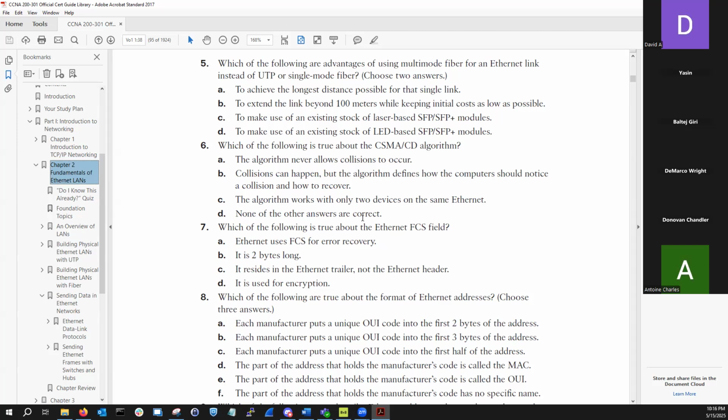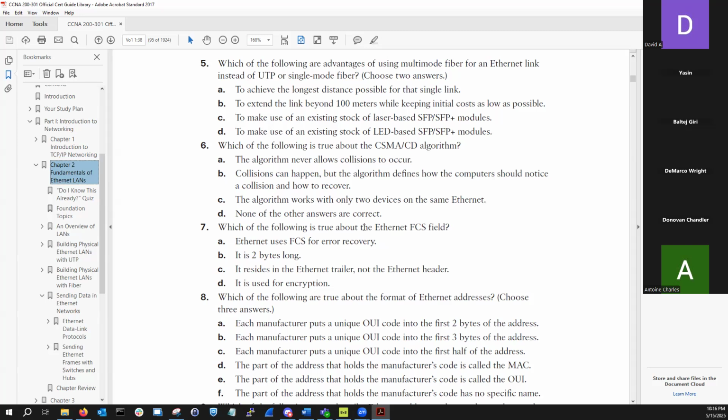I'll say it's B. Correct me if I'm wrong, but from what I remember, the way the algorithm works, if there is a collision, there is a delay or a timer for each computer on that network.